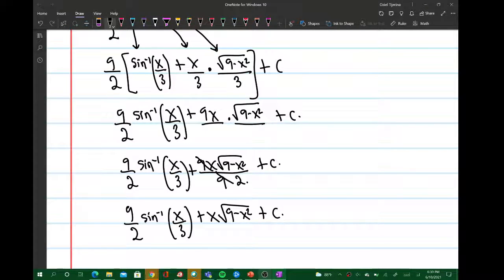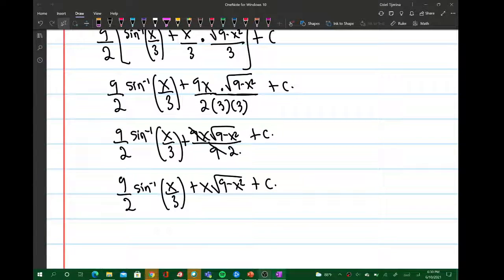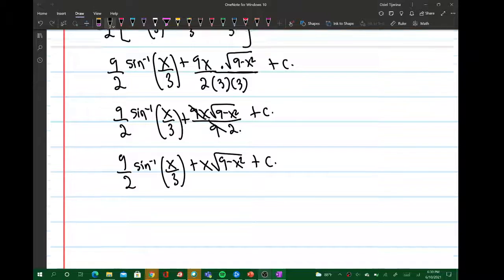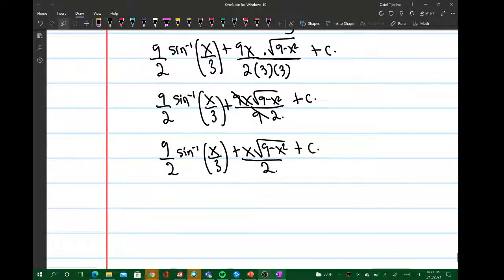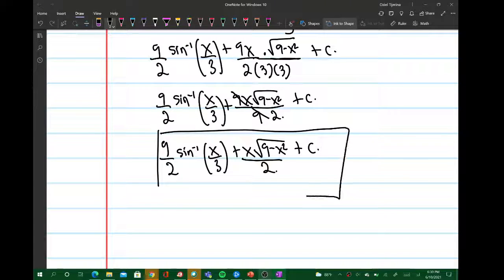So it's really 9x square root of 9 minus x squared over 2 times 3 times 3. So then once you do that, you have this, right? And then you're going to put it over 2. So this is your final answer. My bad. This is your final answer, ladies and gentlemen.